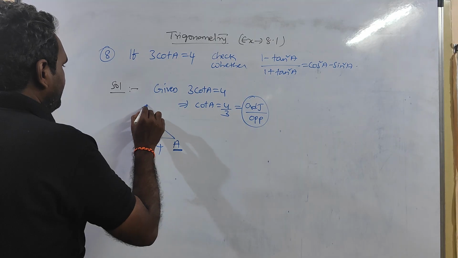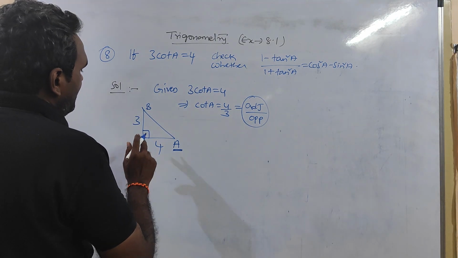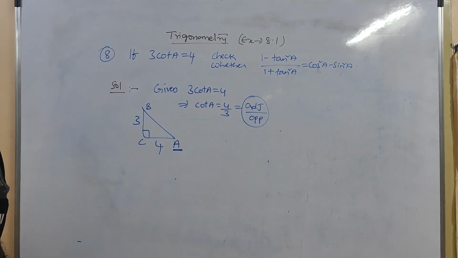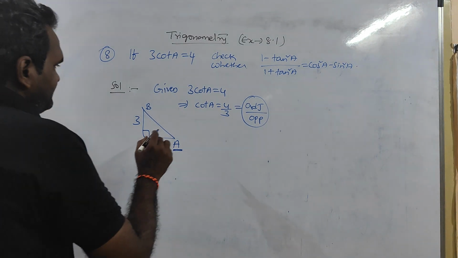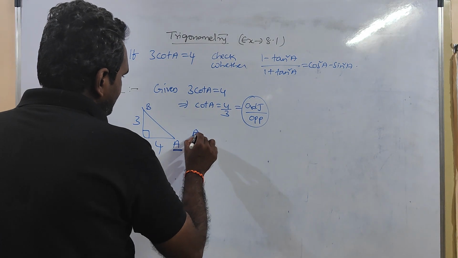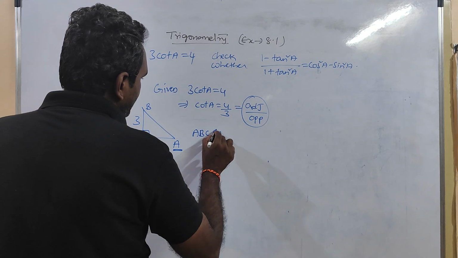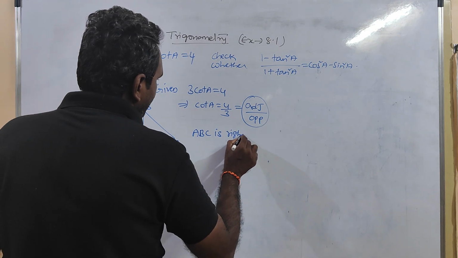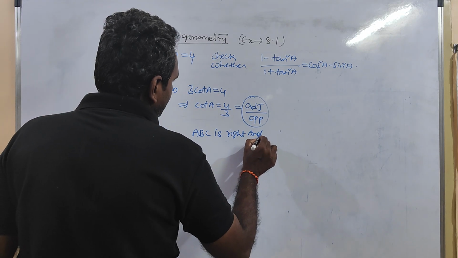B and C are not mandatory in this problem, but mentioning A is mandatory if you are drawing the diagram. That you have to learn. And see, ABC is what triangle? ABC is a right angle triangle.